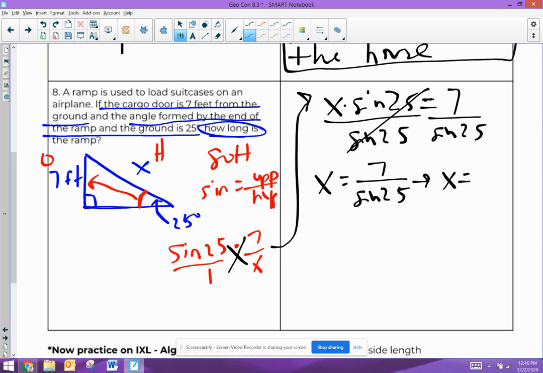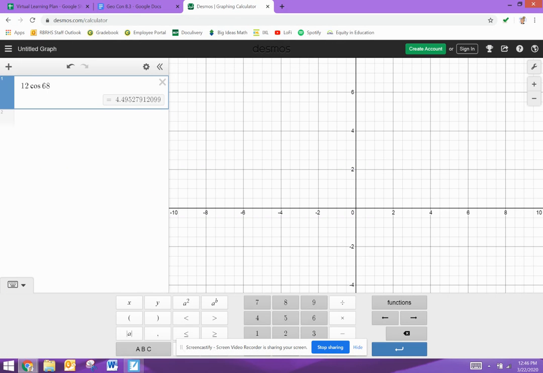Sorry, guys, it's on there. So 7 divided by sine of 25. That's 16.6.